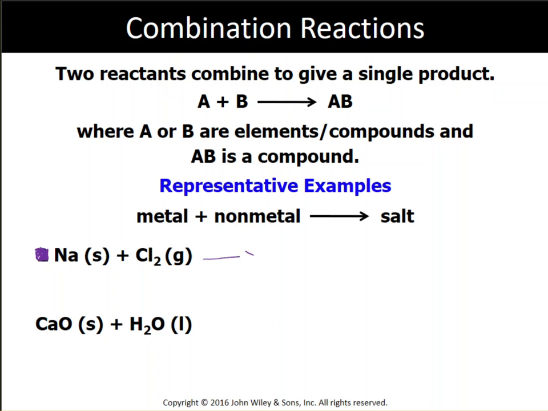So how do I write that product? Since it's a combination reaction, we should only end up with one compound. And that compound should contain sodium and chlorine both. So to write that formula, sodium, the metal, comes first, and then chlorine.